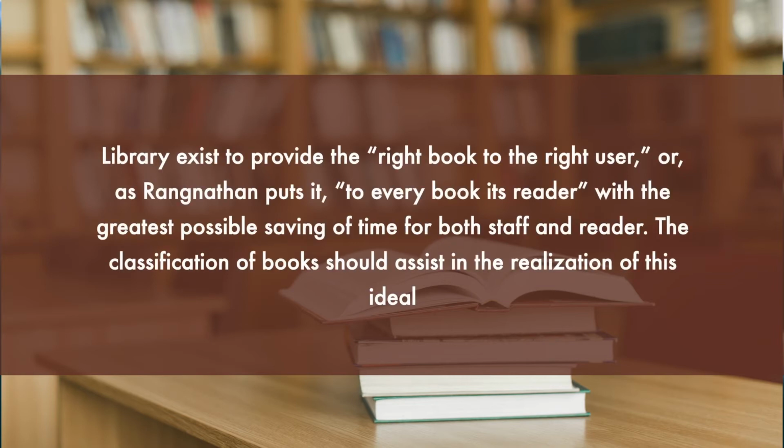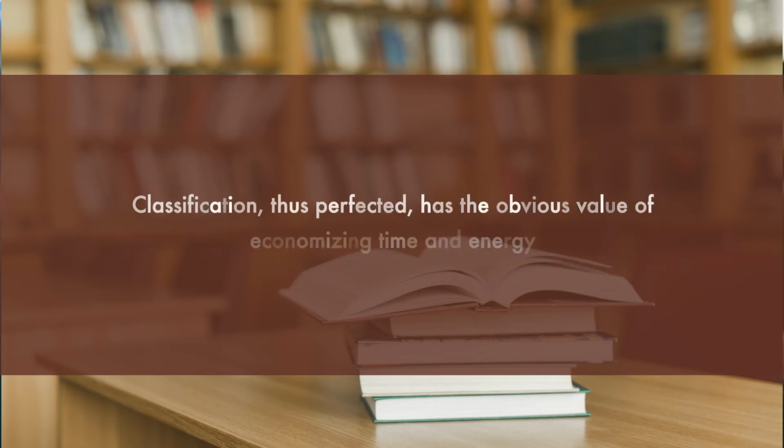A library exists to provide the right book to the right user, or as Ranganathan puts it, to every book its reader, with the greatest possible saving of time for both staff and readers. Classification, thus perfected, has the obvious value of economizing time and energy.